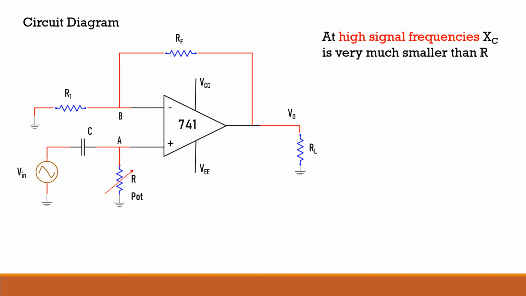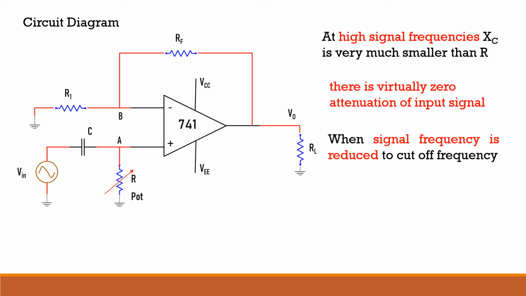When Xc is very small compared to the resistance R, we can consider the capacitance to act as a short circuit. Then all the signals from the input are allowed to flow through the op-amp input terminal and appear at the output. So there is virtually zero attenuation of the input signal at high signal frequencies.